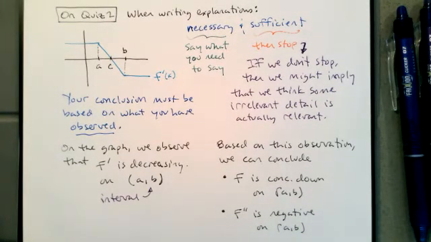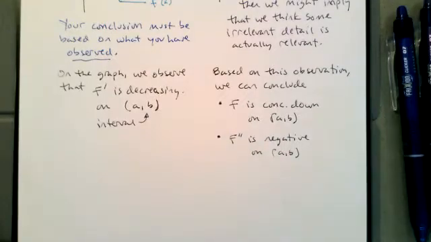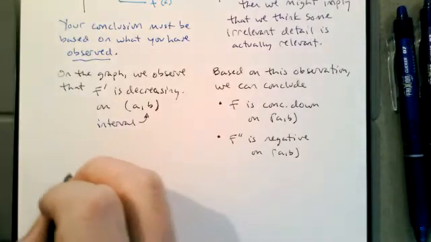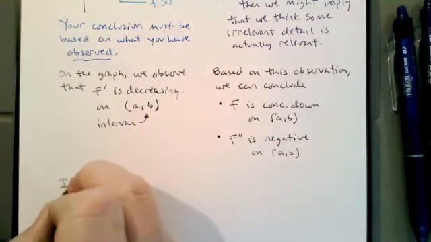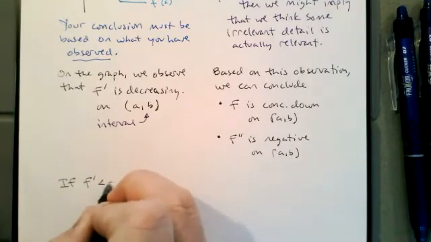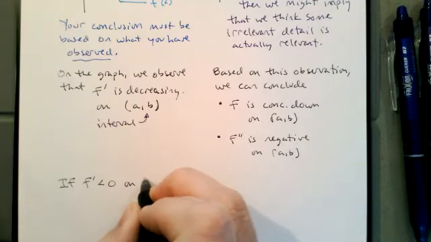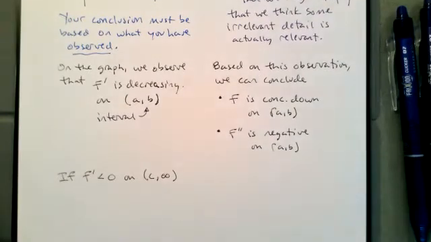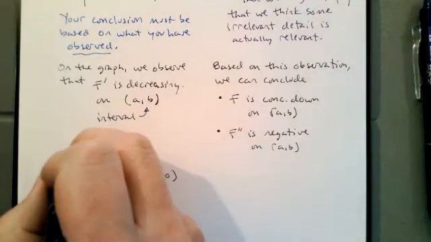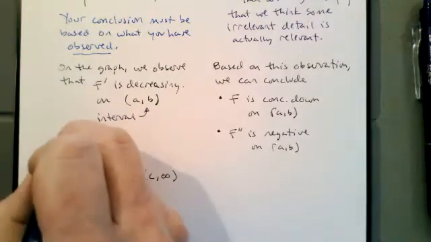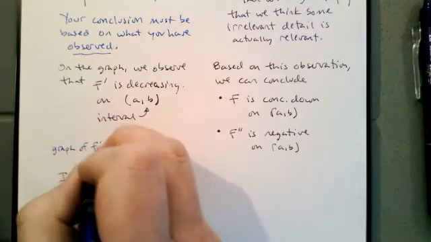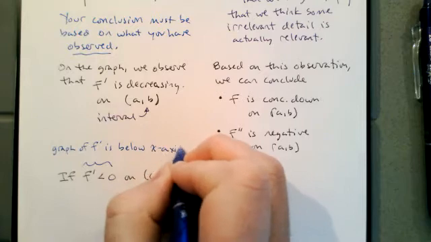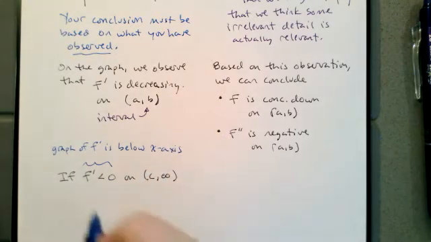But on this graph, we can observe, it wasn't relevant to our interests in this particular problem, but we now can observe that f prime, so if f prime is below the x-axis on the interval from C to infinity, so f prime negative, we would also say the graph of f prime is below the x-axis. Or we could just say f prime is negative.